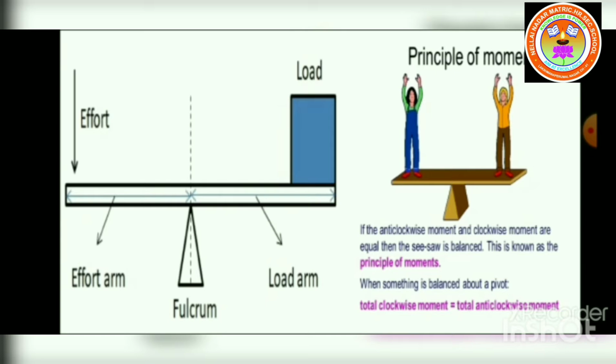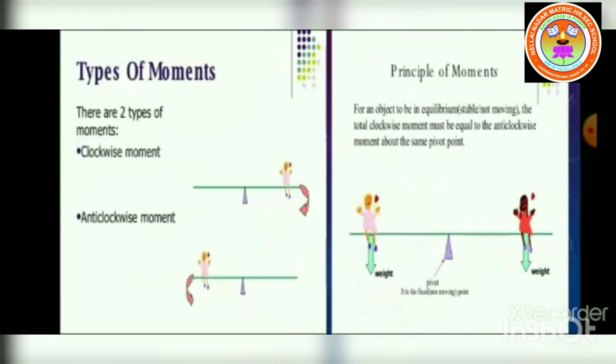Now we are going to prove that total clockwise moment is equal to total anti-clockwise moment. So we know there are two types of moments, clockwise moment and anti-clockwise moment. For an object to be in equilibrium, what is the meaning of equilibrium?